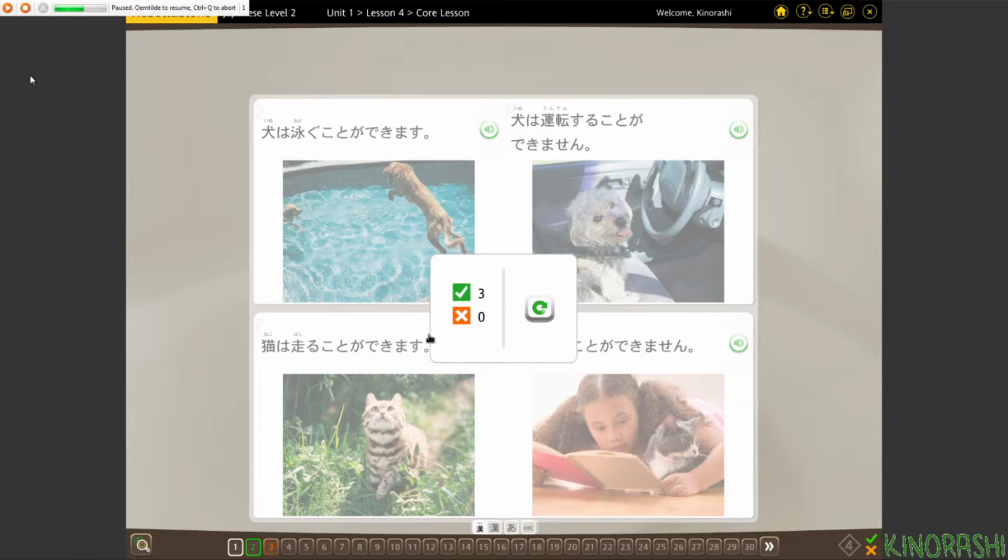Since you're literally saying Japanese language, or just Japanese, ga I'm able to do. Versus the longer sentence, I'm able to speak Japanese. You actually say the word for speak in it.